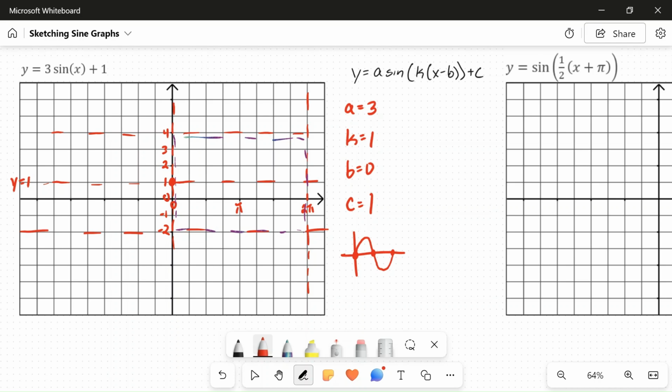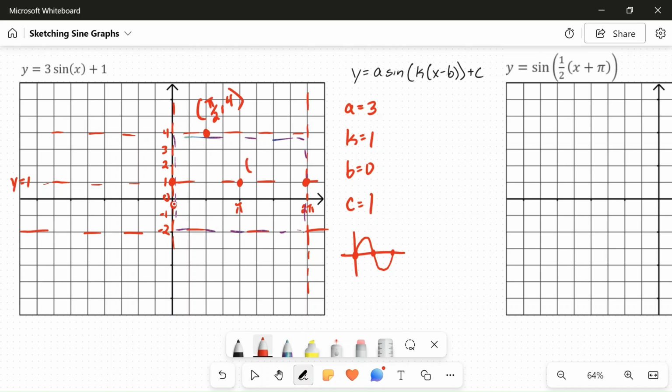It ends on the midline at (2 pi, 1). It crosses the midline in the middle at (pi, 1). It hits the maximum halfway between 0 and pi, so it's going to hit up here at (pi over 2, 4).